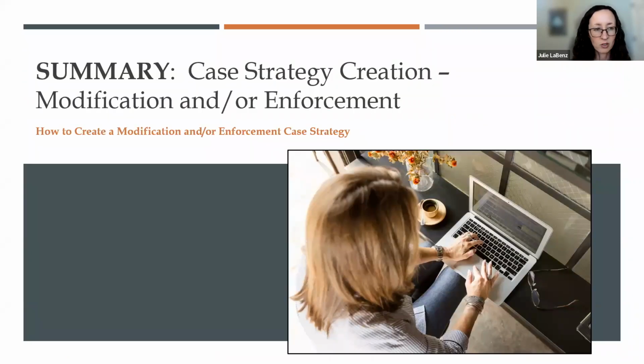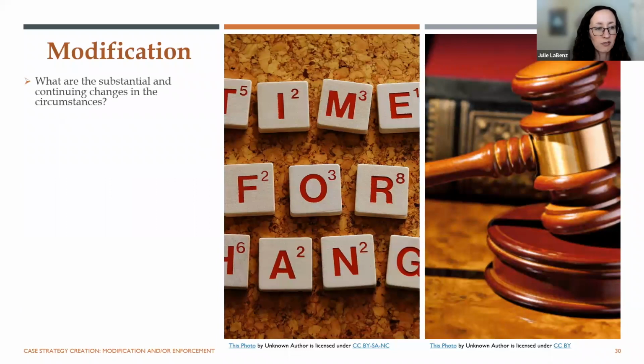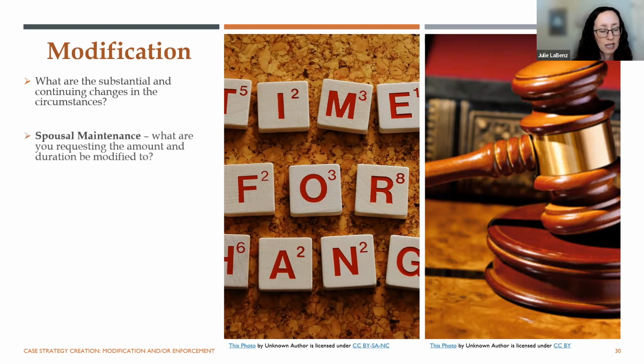All right, we've gotten to our summary. Modification. You've got to figure out what are your substantial and continuing changes in circumstances. With parenting time, that's usually relatively easy. Circumstances change as kids get older, but spousal maintenance, that may be a little more challenging. Legal decision-making, that could be a more complex argument. And then, the child support, you're looking at that 15% change.